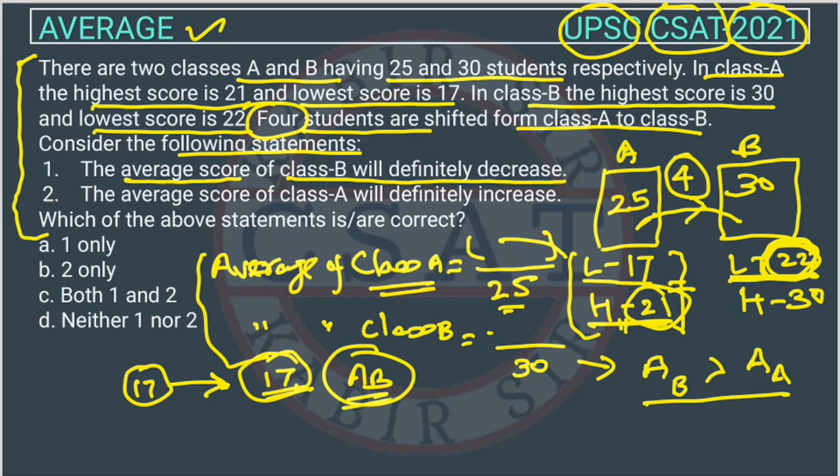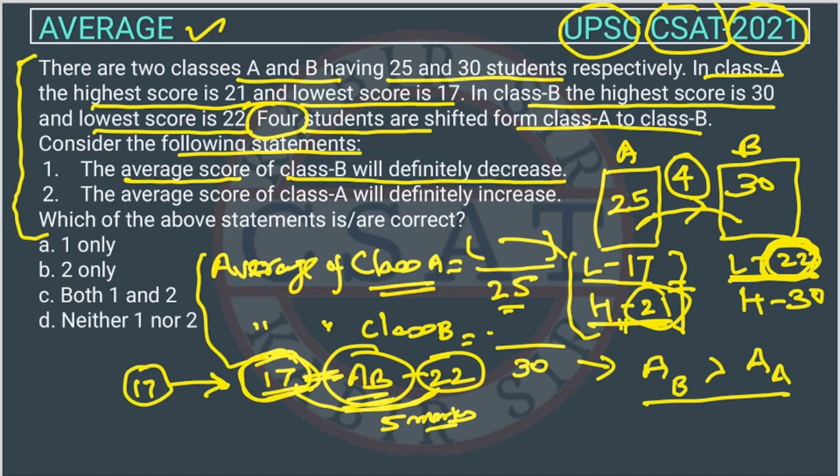Why will it decrease? Because previously it was 22 and now we are getting students who have marks 17 or nearby. So to compensate this difference of 5 marks, the average will reduce, right?